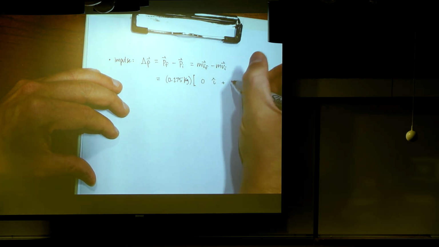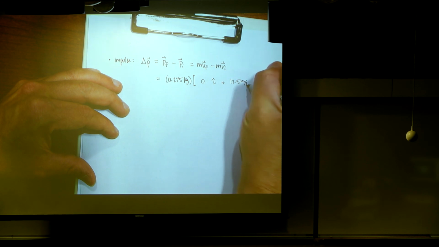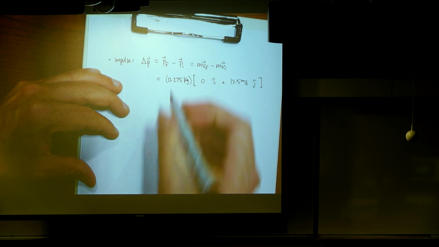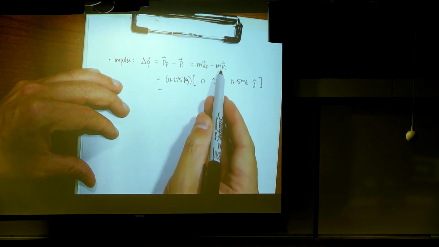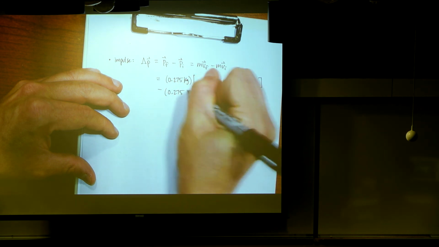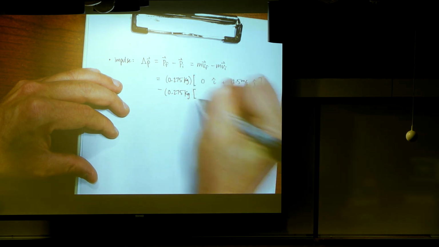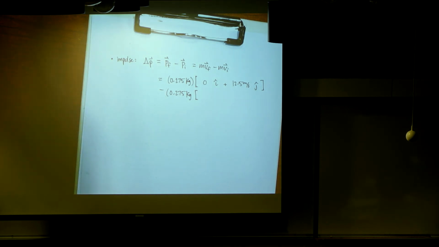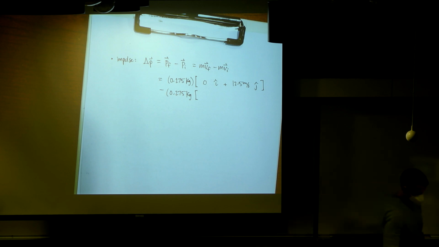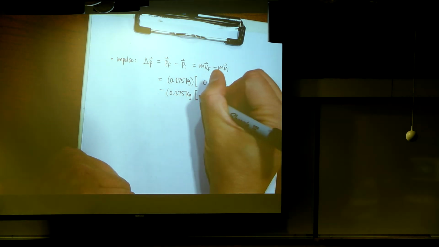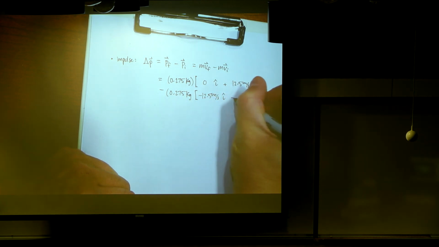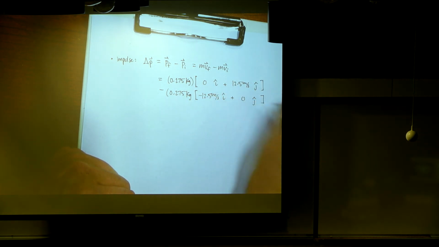And then how fast is it moving? 12.5 meters per second, entirely in the y direction, so there's a j hat there. Then we subtract on the new line. I'm going to write mv initial. The mass is 0.275 kilograms. And v initial, remember, that initial velocity was entirely in the negative x direction, going to the left. So I can write that as minus 12.5 meters per second i hat plus 0 j hat.